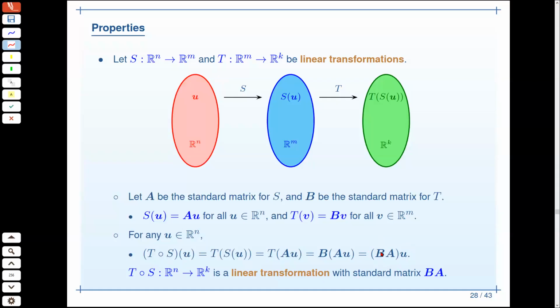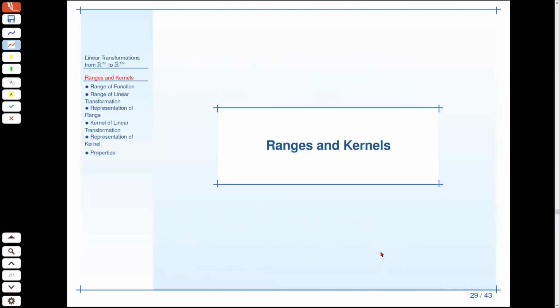So the composite of two linear transformations is again a linear transformation. And moreover, the standard matrix is just the product of the standard matrices of the two components. So here is the result.